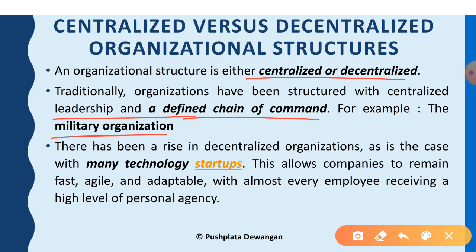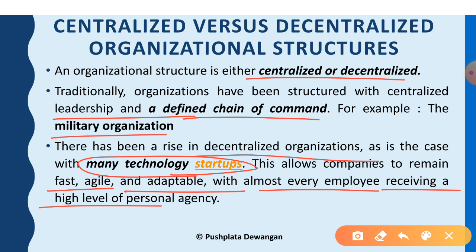There has been a rise in decentralized systems nowadays, because many startups have been introduced in the economy. This allows companies to remain fast, agile and adaptive, with almost every employee receiving a high level of personal agency.